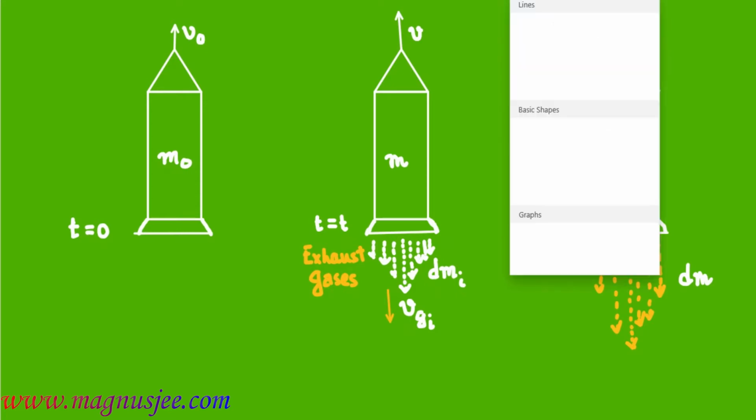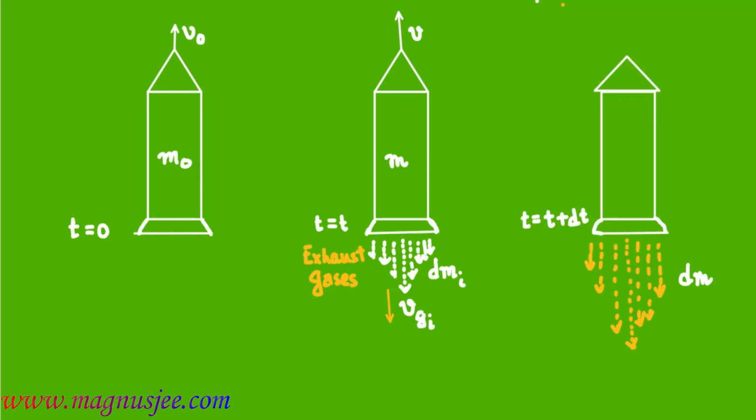The velocity of the exhaust gases in the vertically downward direction is vg.